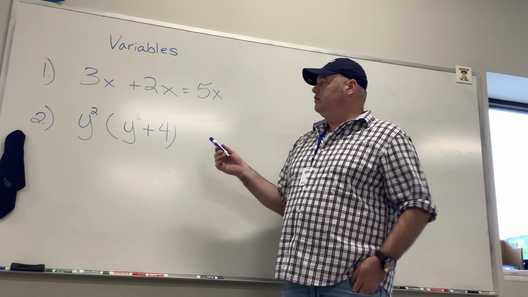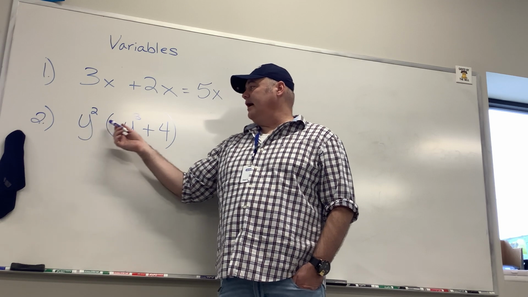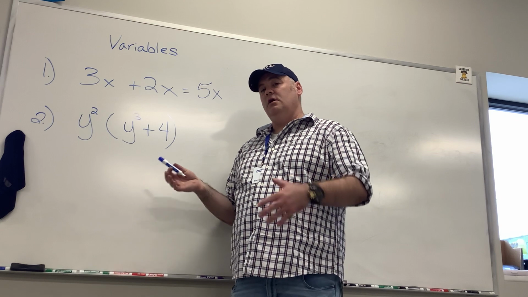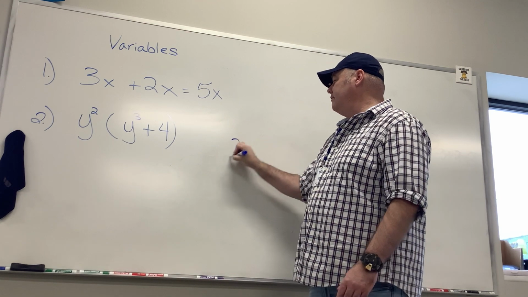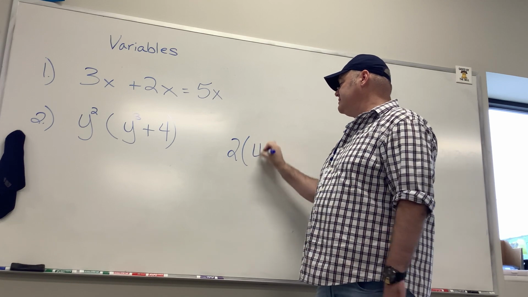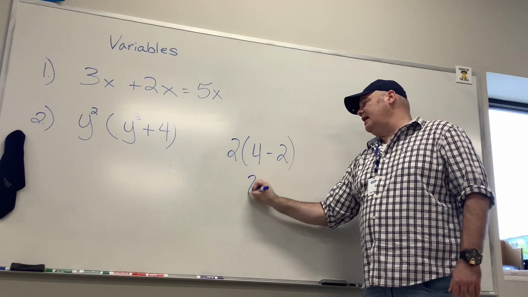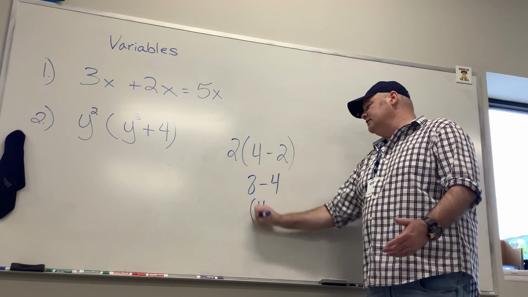So what I have to do is say, okay, distribution tells me I can multiply this times this and this times this, just like we did with distribution with numbers. Just a quick review of that. Remember, this was on your last test, and I said, okay, that's 2 times 4, which is 8, 2 times -2, which is -4, and 4. And you guys did pretty good on that.